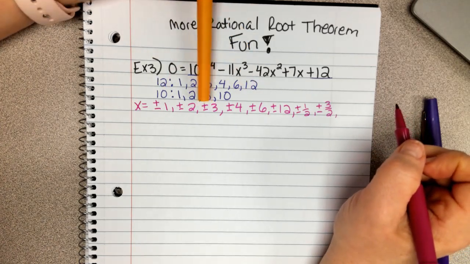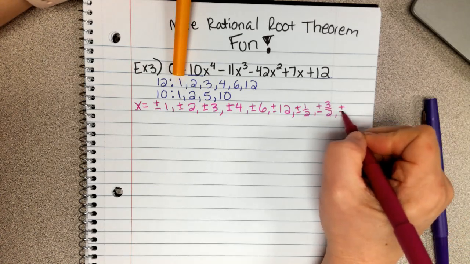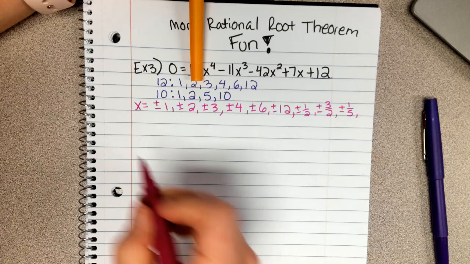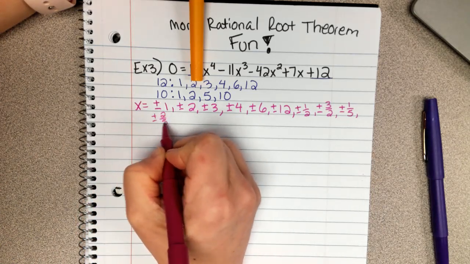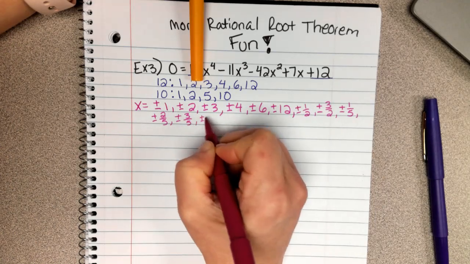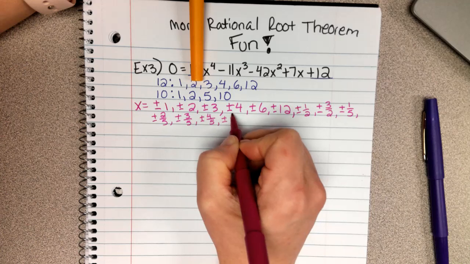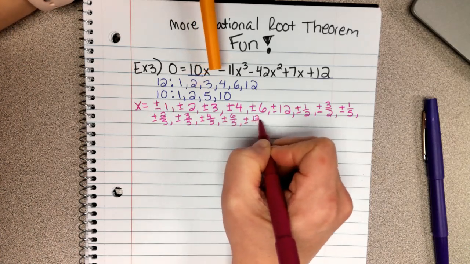Then I'm going to divide by 5. Okay, so I have 1 over 5. Notice I'm using positive or negative for every option. Let's see, we have 2 over 5, 3 over 5, 4 over 5, and 6 over 5, and 12 over 5.